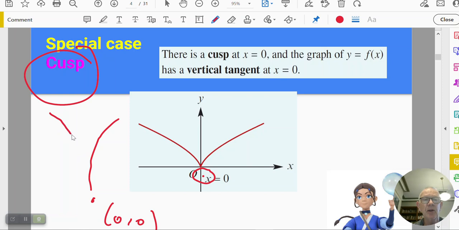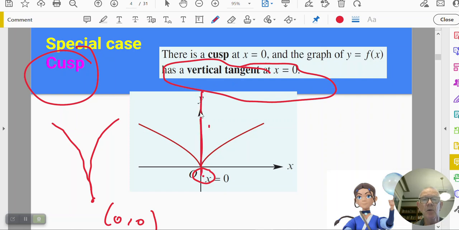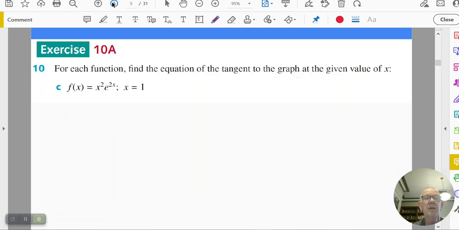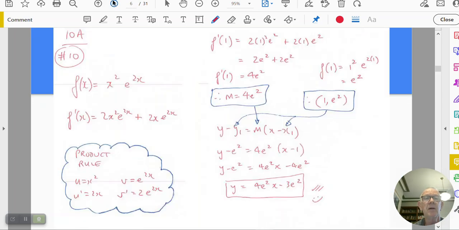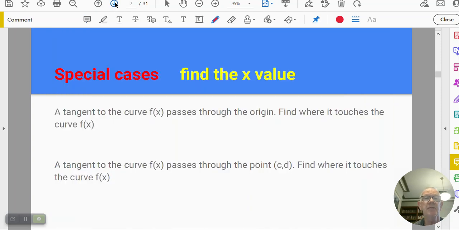And the other curve that comes in on the other side is joined at 0, 0, and it also has a gradient which is vertical. So at the cusp, the tangent exists, it's a vertical tangent, and it's got the equation x equals 0. So that's the first special case, the cusp. You can see this example worked for you. I'll let you have a look at that yourself.